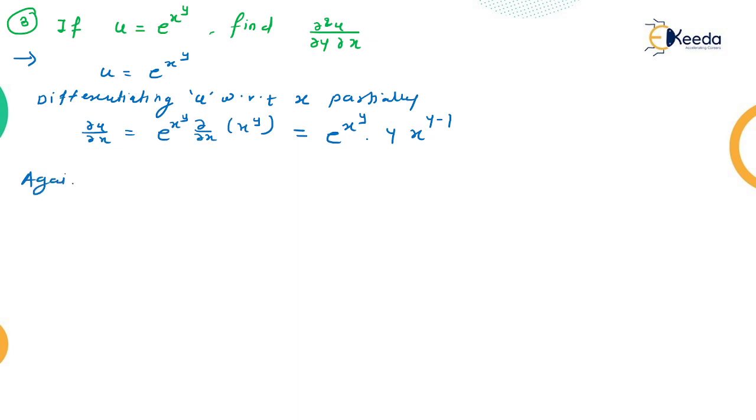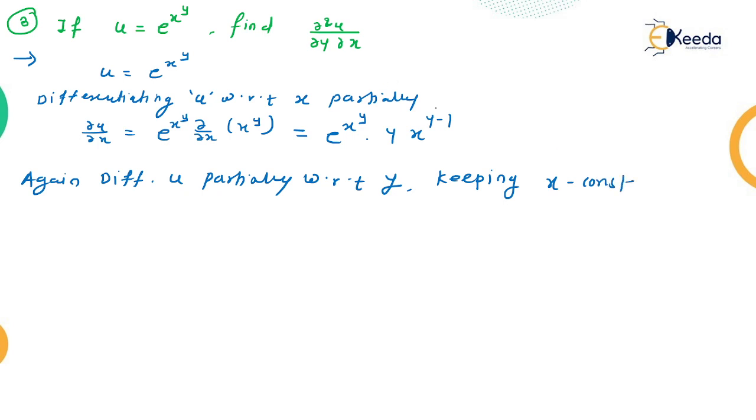Again, differentiating u partially with respect to y, keeping the other variable x as a constant. So this will give ∂u by ∂y, which means we have to differentiate this ∂u by ∂x partially with respect to y.